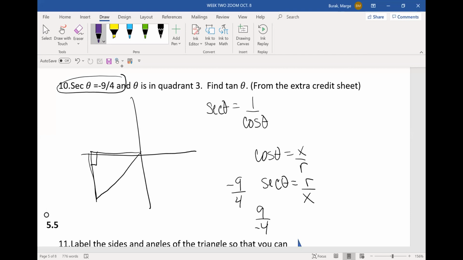We know that the radius is never negative, and we know that both the x and the y are negative in this quadrant. Agreed? So we know that r is 9 and x is -4, because the radius is positive and we need a negative x coordinate.